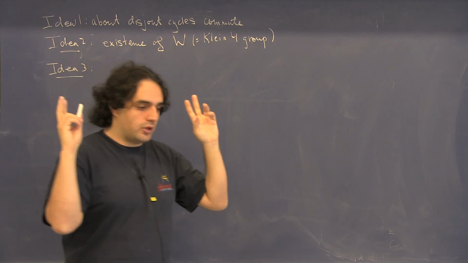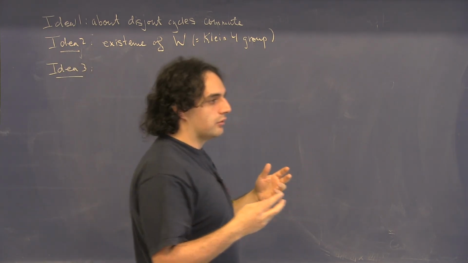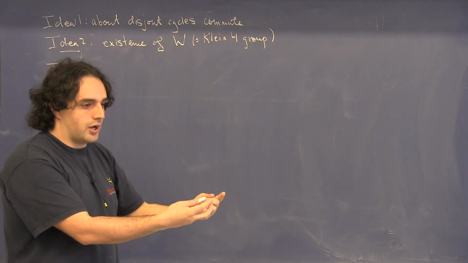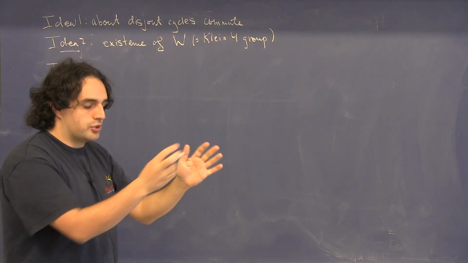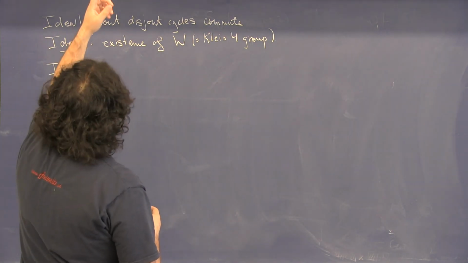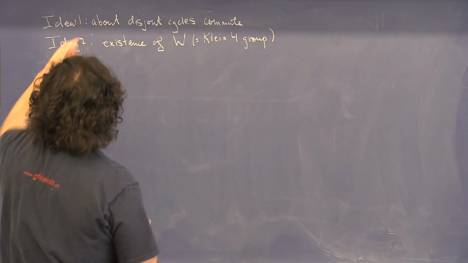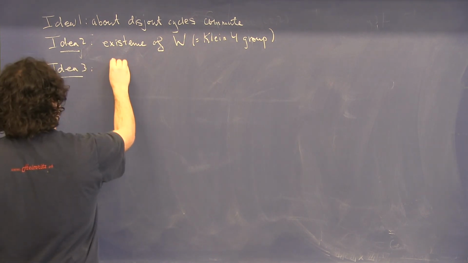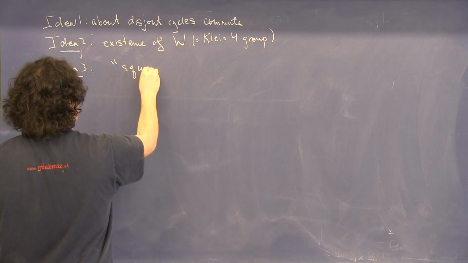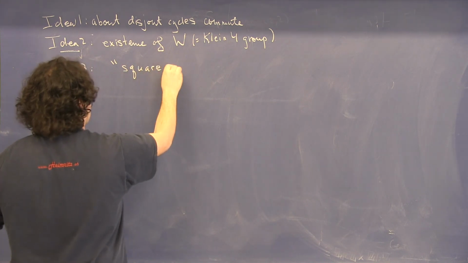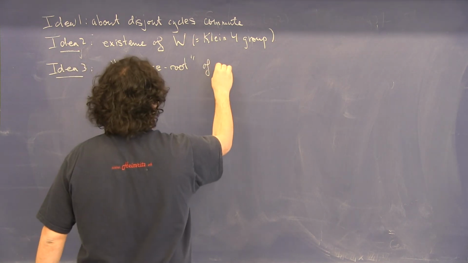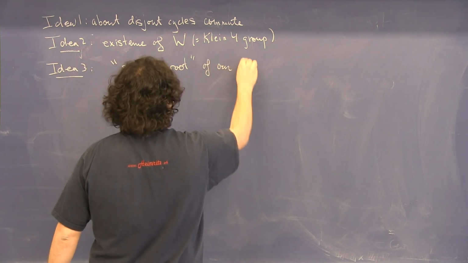We should be careful about doing square roots in a group, but if we find an element whose square is y, then the whole subgroup generated by this element will also be contained there. Let's call this, in quotations, square root of our element.